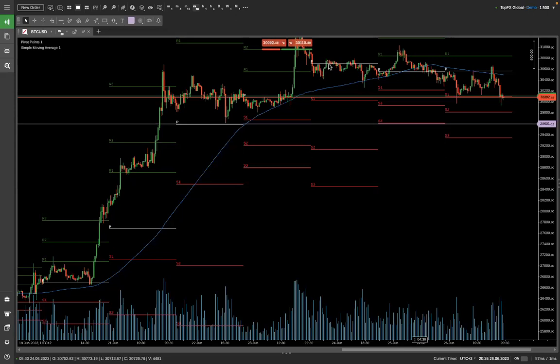Then another central pivot line is above the previous one, and then yesterday the central pivot is located below the previous central pivot, and today's is almost in line.